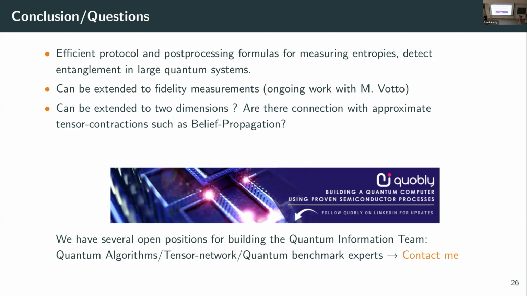Maybe one last question. There's the Renyi entropy protocol, then there's also this other protocol with this interference. Is it also Renyi entropy? I was wondering, is there some fundamental reason that it's impossible to measure von Neumann entropies except for state tomography, or is it just that nobody has come up with a protocol yet?